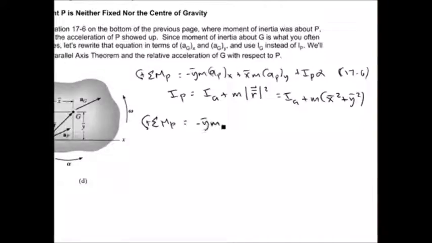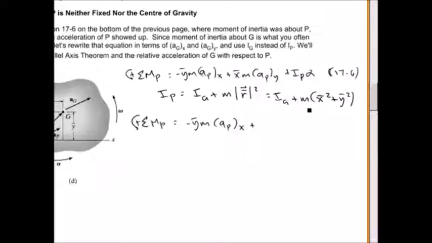Now we had a y bar m AP in the x direction. We're going to get an m x bar squared alpha. We're going to get an m y bar squared alpha, which is basically m y bar times y bar alpha. Okay, so that's the m y bar squared alpha from the parallel axis theorem.